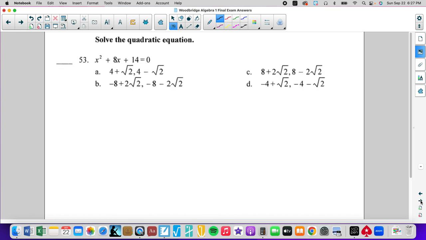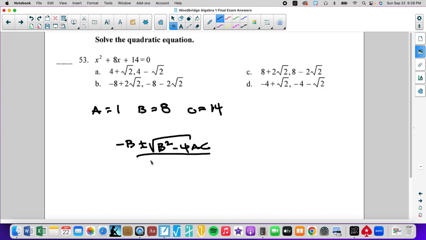Solve the quadratic equation. So my A value is 1. My B value is 8. My C value is 14. Whenever we use the quadratic formula, it has to be equal to 0. Quadratic formula, anything can equal A. And we're going to do the opposite of B, plus or minus square root of b squared minus 4ac all over 2a. Let's substitute it.